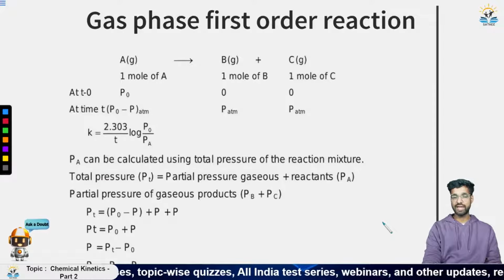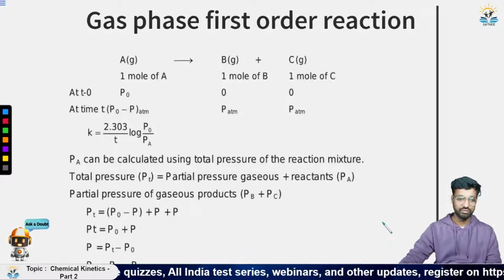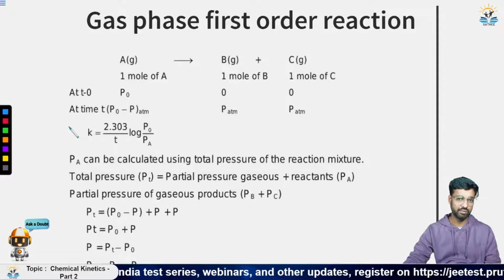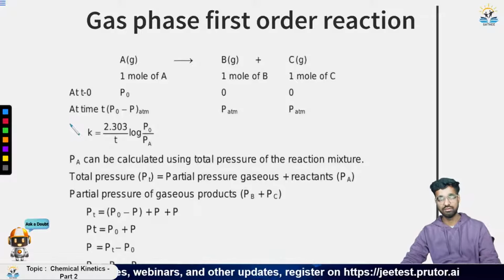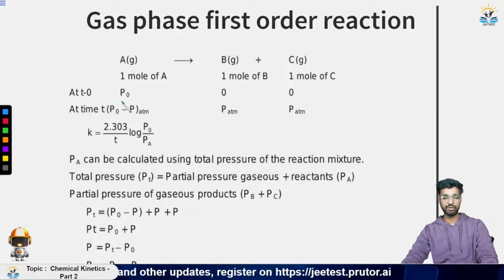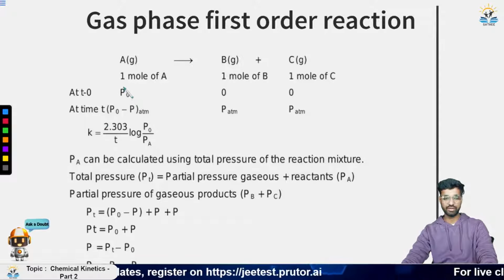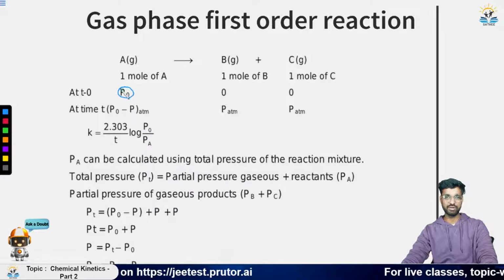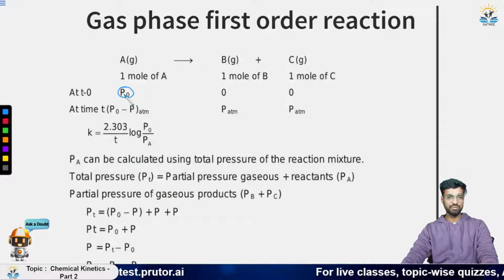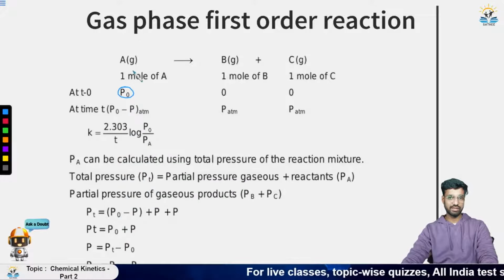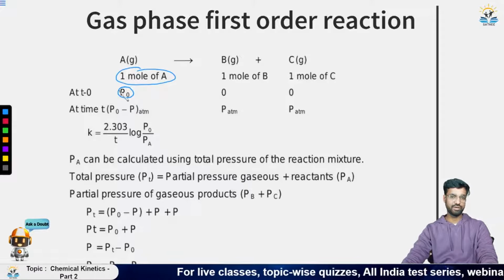Now let us move to a gas phase reaction. So we will see how this rate order is applicable to gas phase also. For a gas phase reaction, we do not take the concentration much, we are just dependent upon its pressure. Now suppose we started a reaction such that it has 1 mole of A and a pressure of P naught.